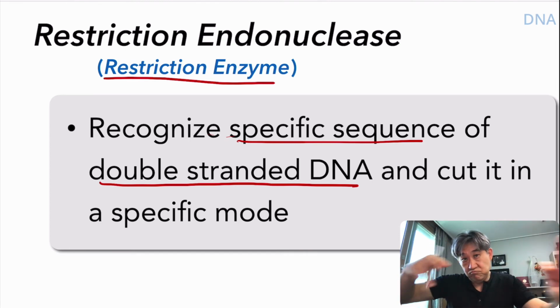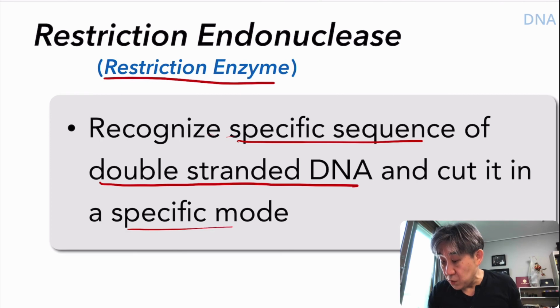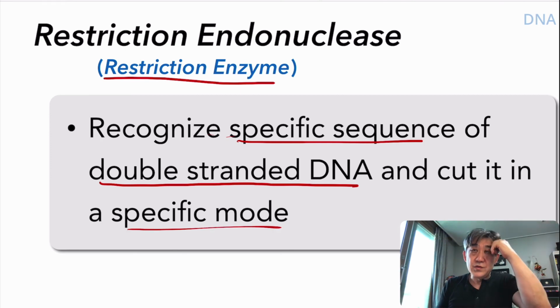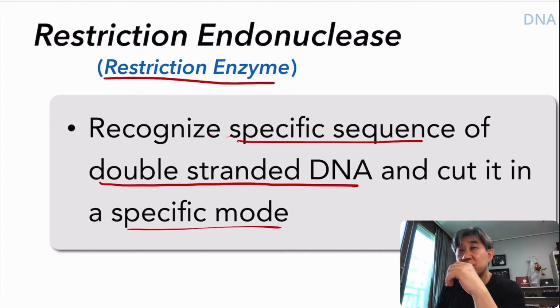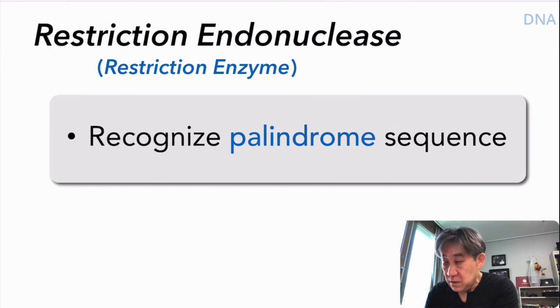They can only cut double-stranded, complementary base-paired DNA, and cut it in a specific mode. There is also a very interesting pattern among the recognition sequences, which are the targets of restriction enzymes, that can be exploited. They all have in common that they exist in a palindromic structure.